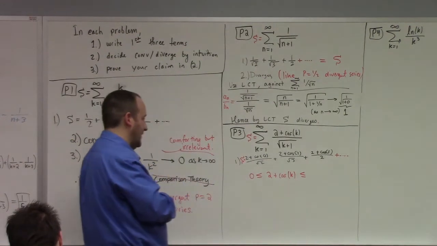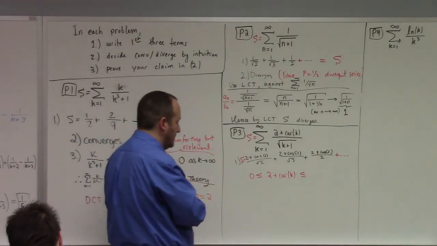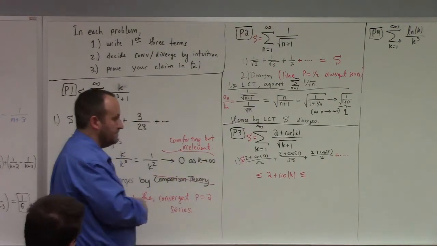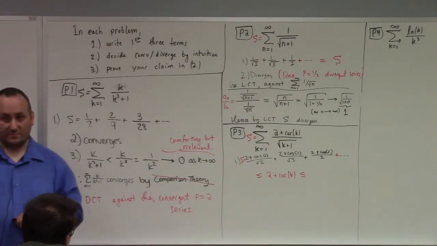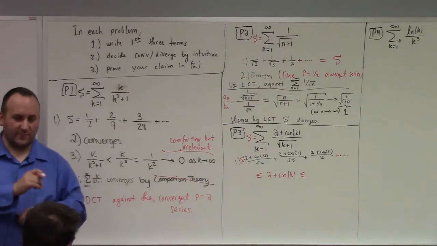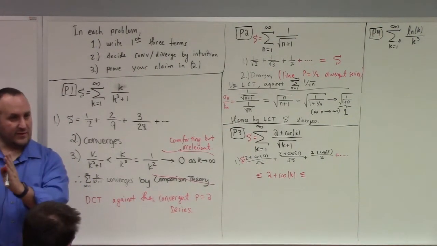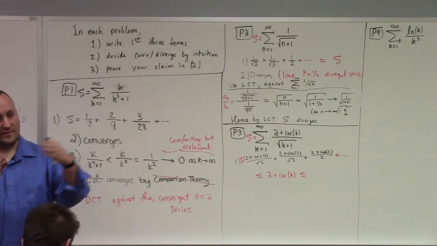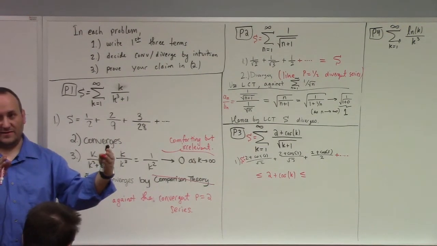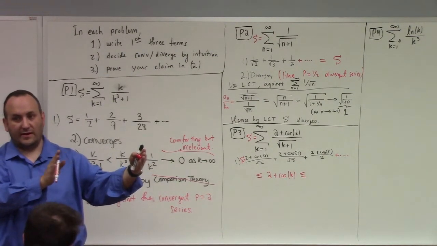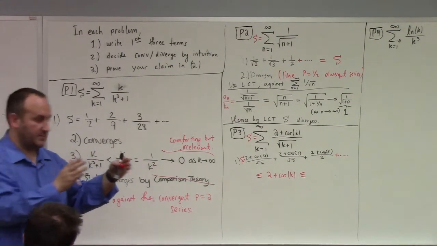Actually, I can be greedier than that. Let me restate this question. The smallest cosine k can be is what? -1, right? The largest cosine k can be is +1, right? So if I take 2 plus that, that's going between 1 and 3, right?